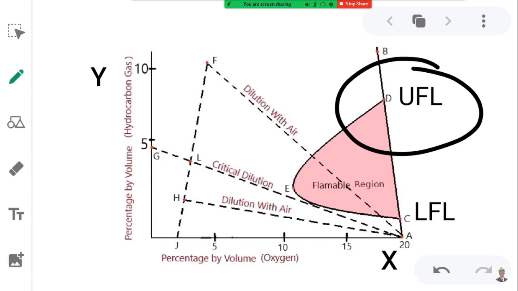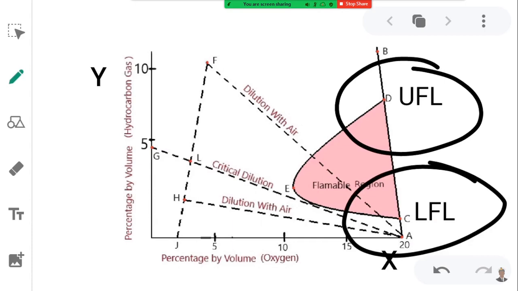And what is LFL, the lower flammable limit? It is the lowest concentration of vapor or gas that will produce a flash of fire when an ignition source, from the adjacent bulkhead or from any hot work, is brought near that particular cargo or fuel.